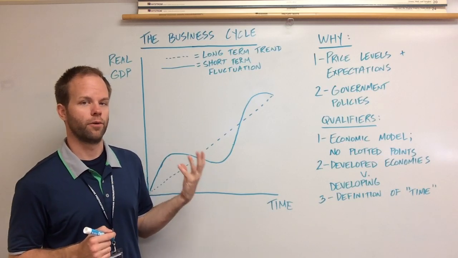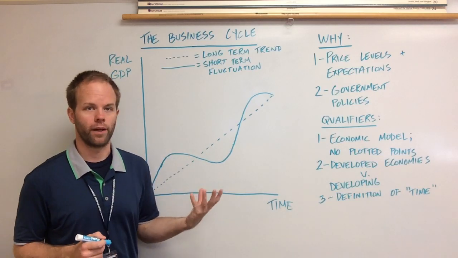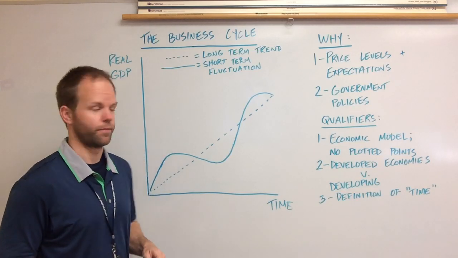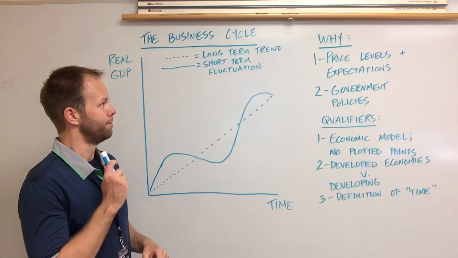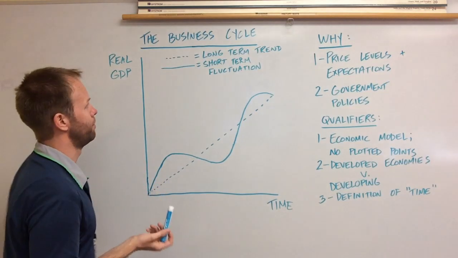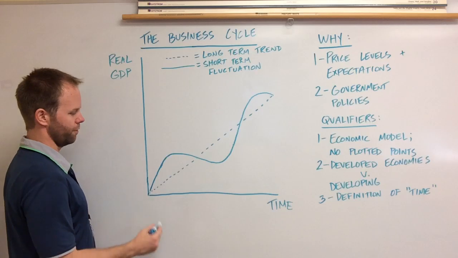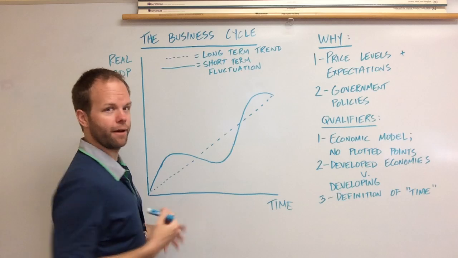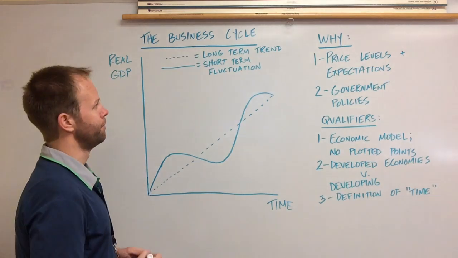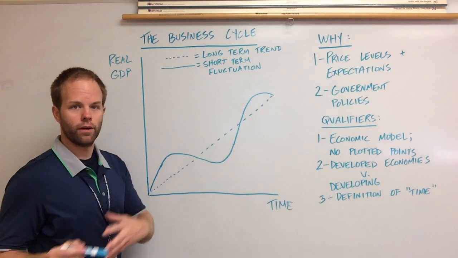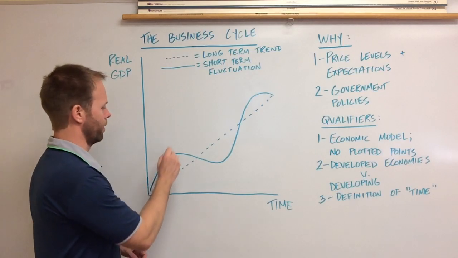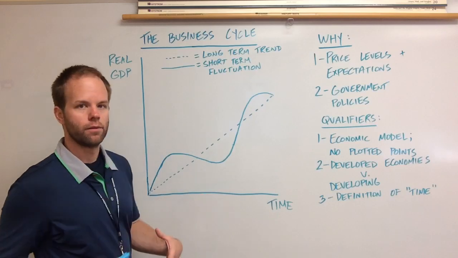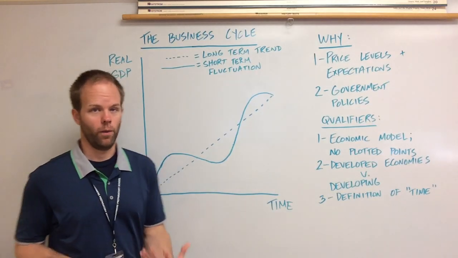If we don't adjust for inflation, which is almost always going on, then in years past, things will look really good, right? So that's the relationship here. The business cycle basically shows that over time, economies tend to have a long-term average growth rate, but we could have multiple years where we're above the average or below the average, and we need to think about why that was.